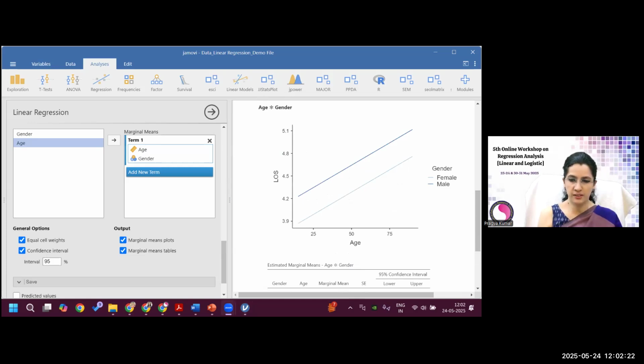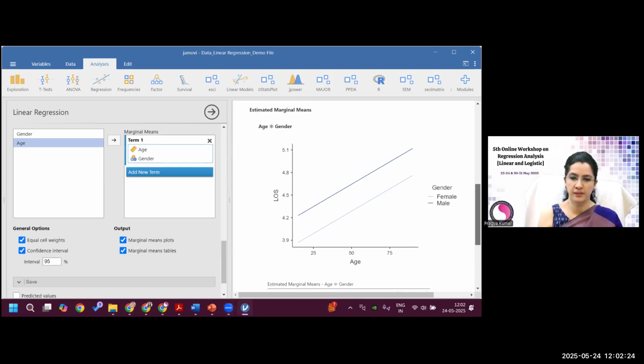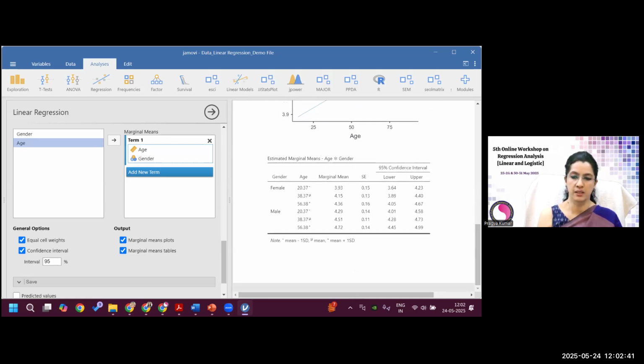So this you can see. Here you can see that there's no interaction. These are the two graphs. This is for the female, the lighter blue, and the darker blue is for the male. And it is showing that as age is increasing, the length of stay is also increasing. And this is the estimated marginal mean for the same. So this is how you interpret the estimated marginal mean.